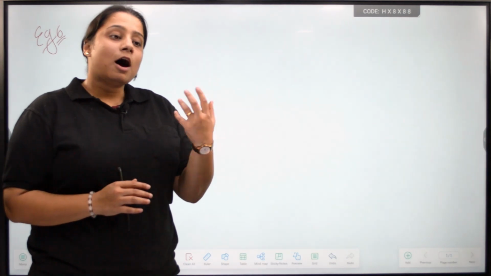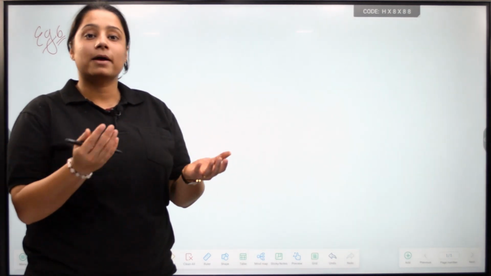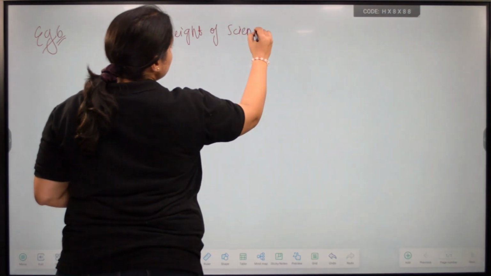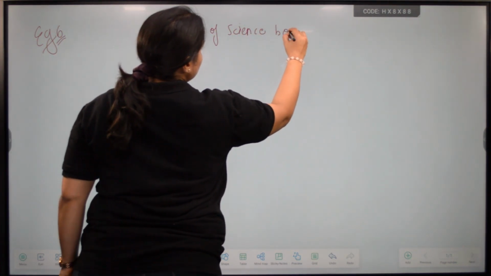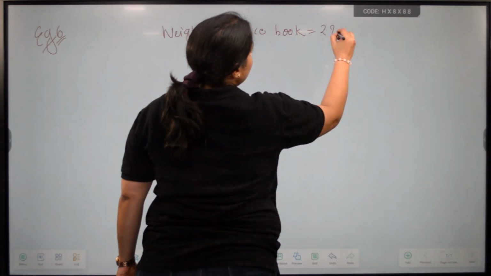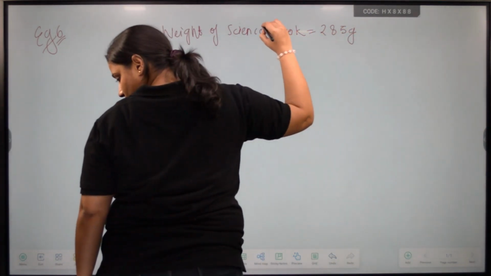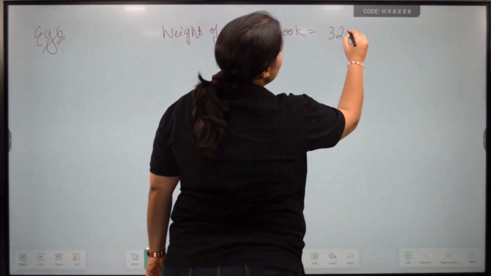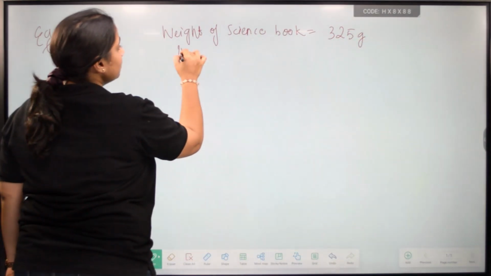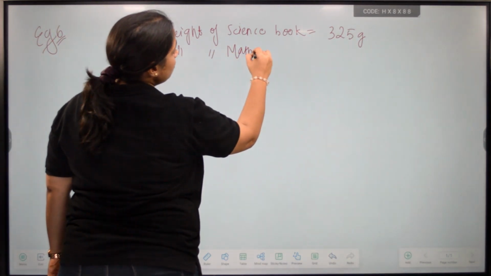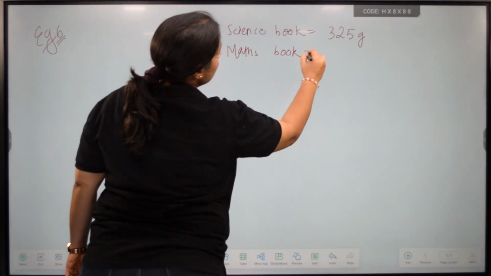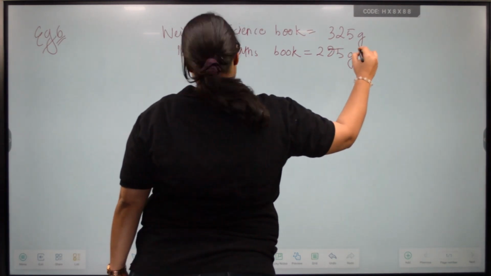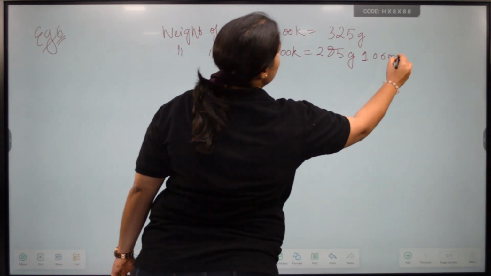Example 6. In this question, the weight of the science book and maths book is given. We need to find how much heavier the science book is than the maths book. Weight of science book is equal to 325 grams, and the weight of maths book is equal to 285 grams 106 milligrams.